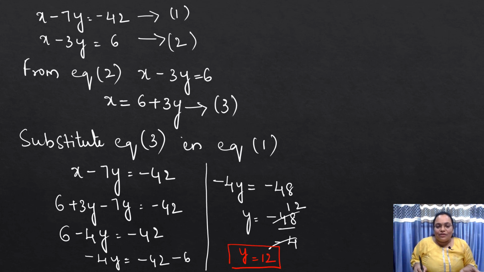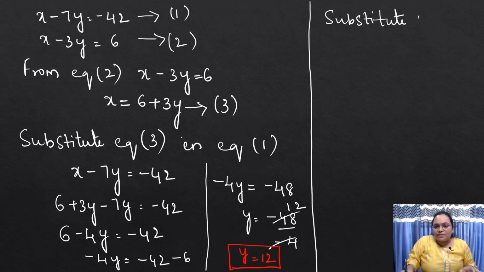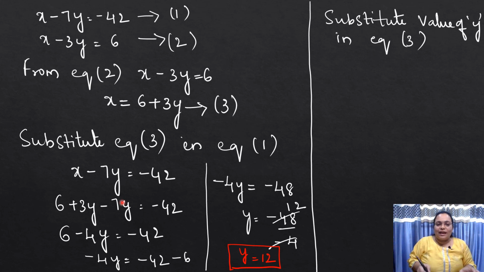Okay. Now we have got the value of y. We will substitute this in equation 3 or equation 2, any of the equations. Okay. Substitute the value of y in equation 3. Okay. So that you will get the x value, which is x is equal to 6 plus 3y.